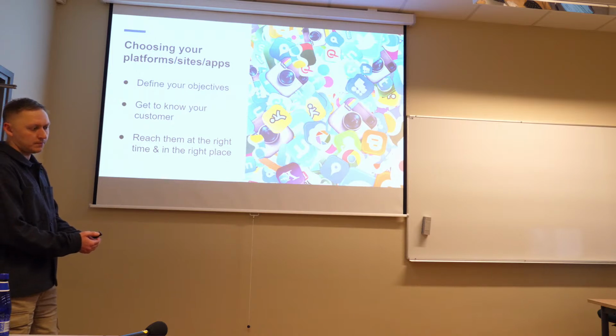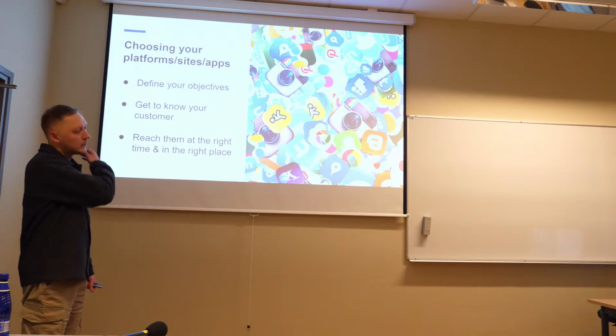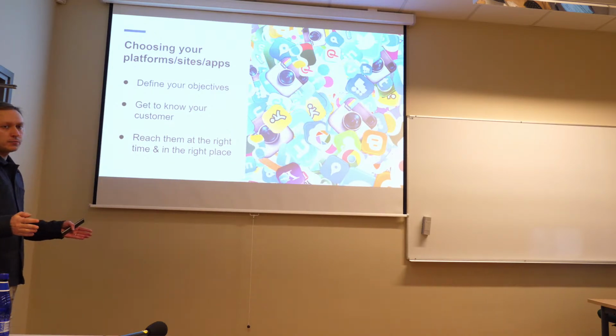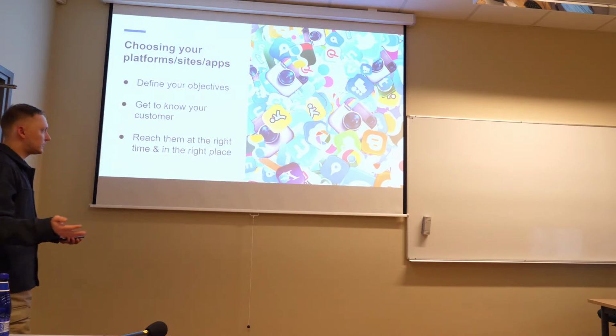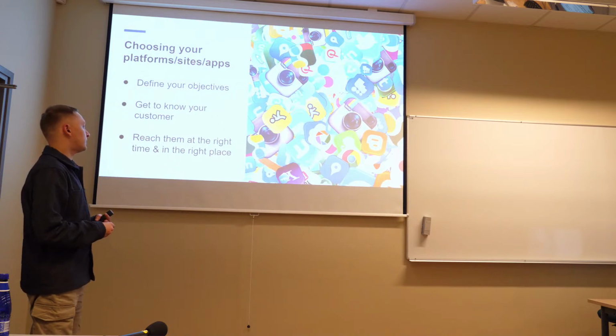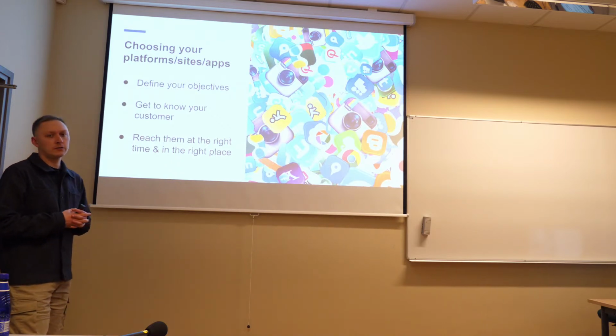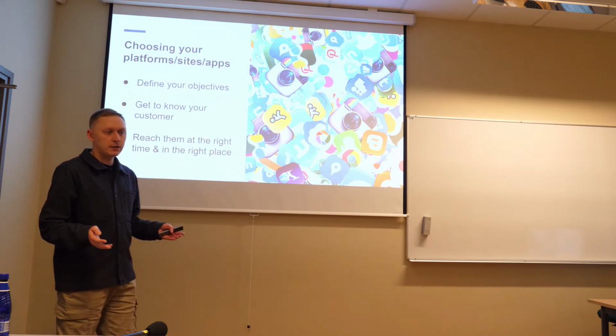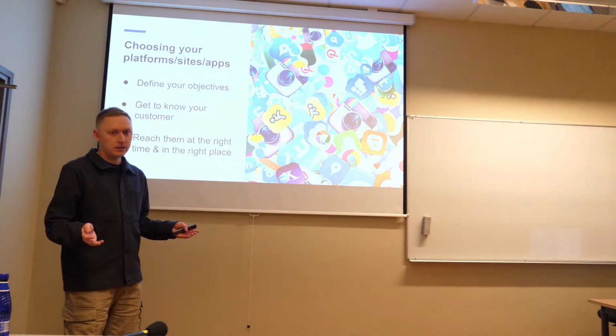So when starting to promote your business or your product online, at first you should just define your objectives. What do you want? Of course, sales, that's doable. Then you should think about who your customers are and what they do, and how to reach them at the right time in the right place.